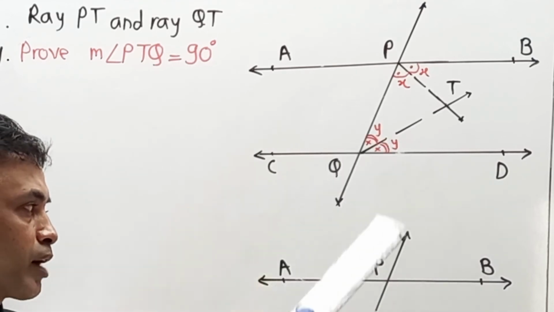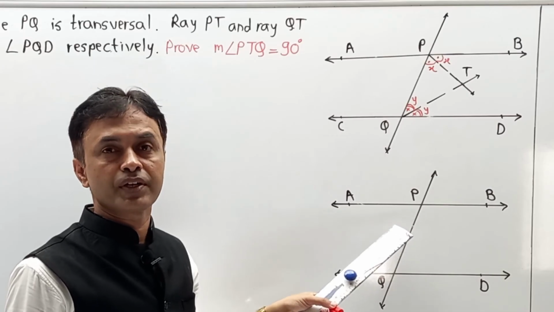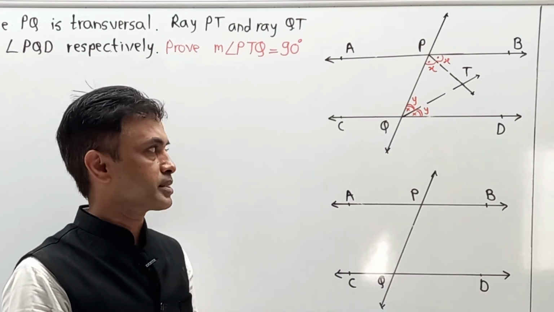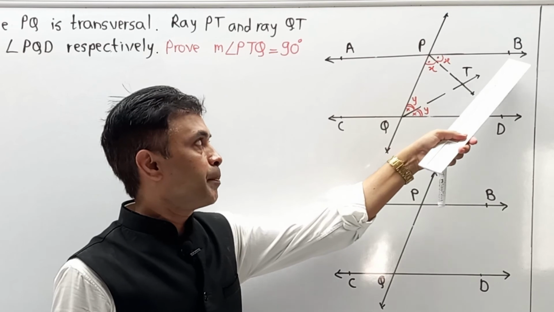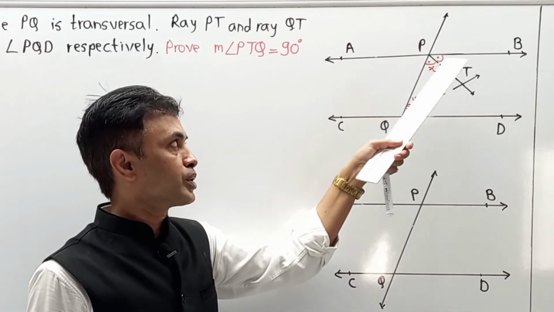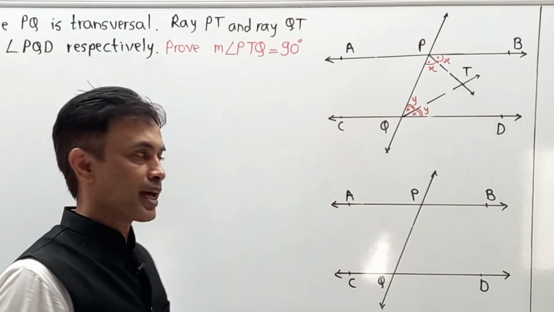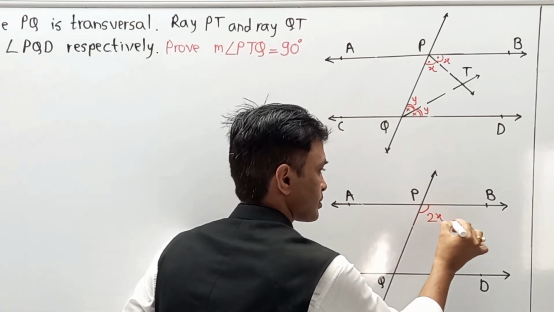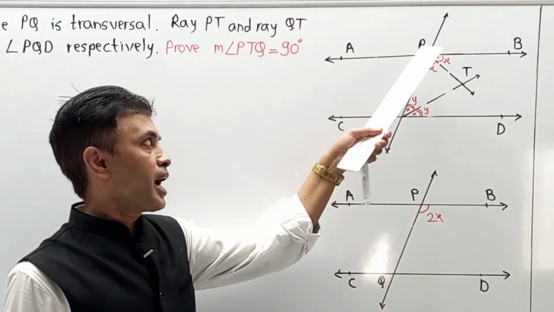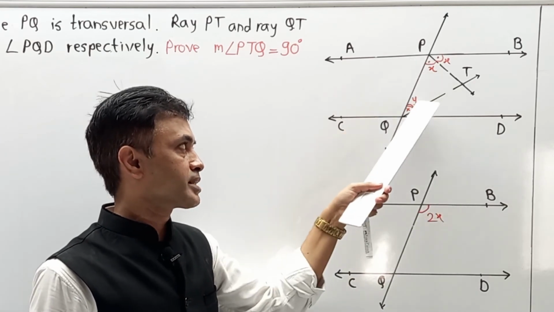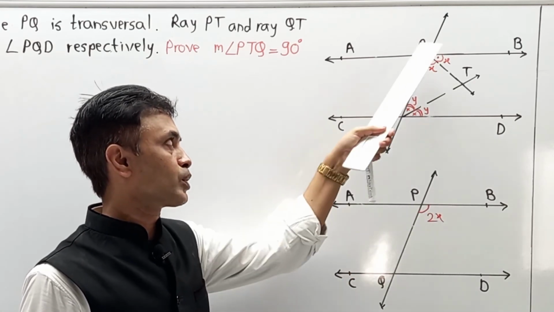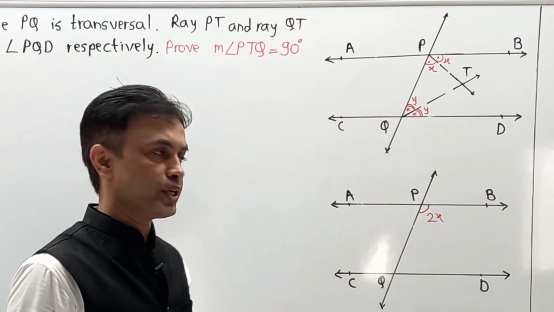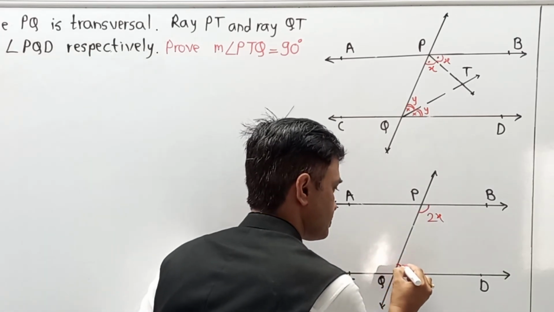Now the same part I have drawn over here with some modification just to make it clear for understanding. Here, BPQ, this angle X plus X, naturally becomes 2X. Next, angle PQD, that is Y plus Y, so PQD is 2Y.